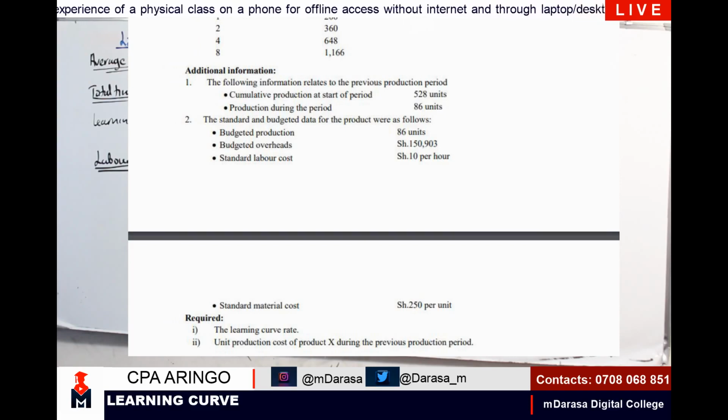Required: the examiner here wants us to determine our learning curve rate. And in note 2, we are required to determine the unit production cost of product X during the previous production period.